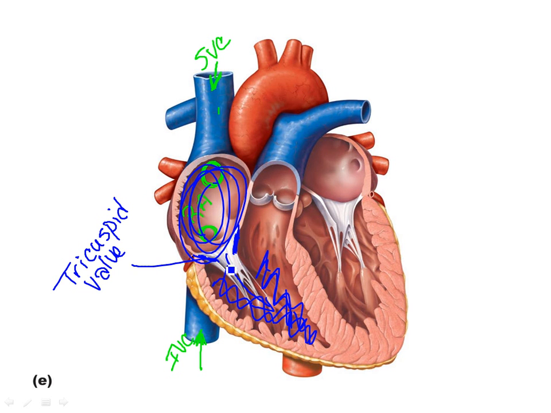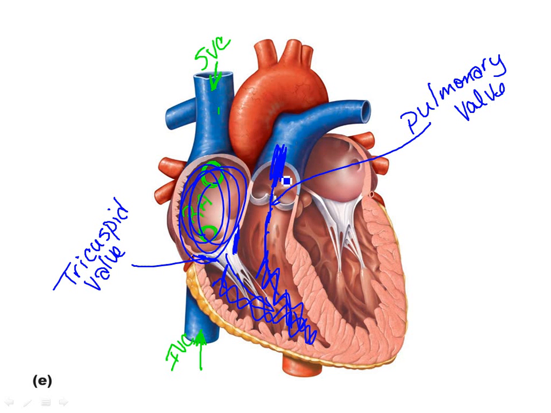When this right ventricle fills, it's going to push against this valve, which is your pulmonary valve. Remember what pulmonary refers to? Of course you do. It refers to the lungs. So your pulmonary valve is going to open. That deoxygenated blood fills the pulmonary trunk into the left and right pulmonary arteries and out to the lungs.